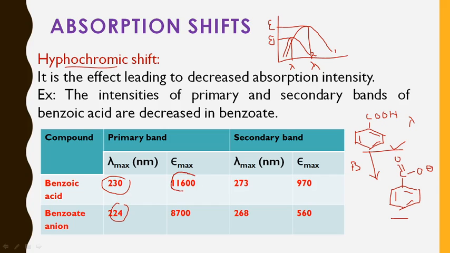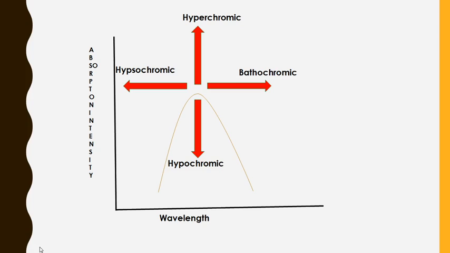For epsilon, you have 11,600 going to 8,700, a decrease in the epsilon. So, it comes under the hypochromic shift. That is why I am giving the statement that wherever you find bathochromic shift, there must be hyperchromic shift. Wherever you find hypsochromic shift, there must be a combination of hypochromic shift. So, that is the information about shifts in absorption and intensity.